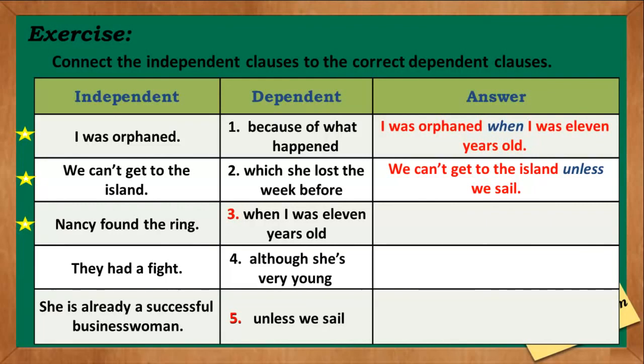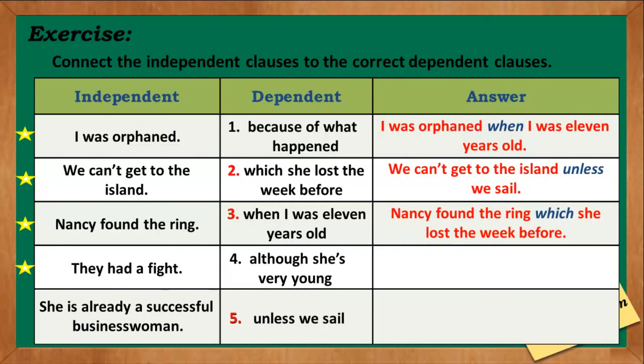Nancy found the ring. The correct dependent clause is number 2, which she lost the week before. Nancy found the ring which she lost the week before.